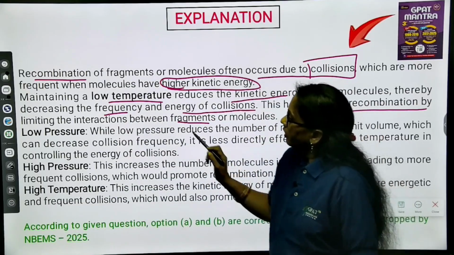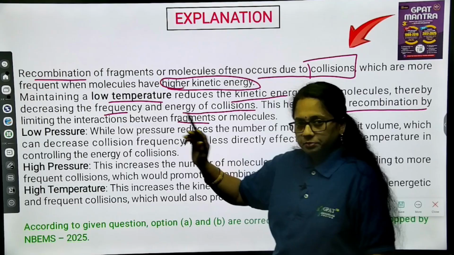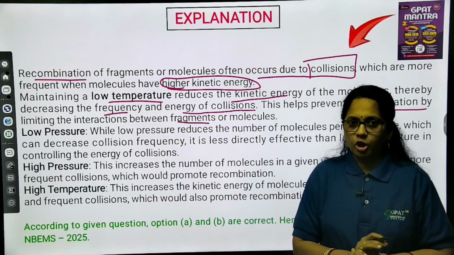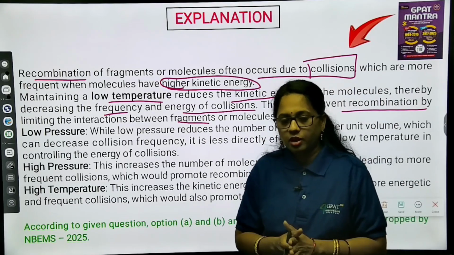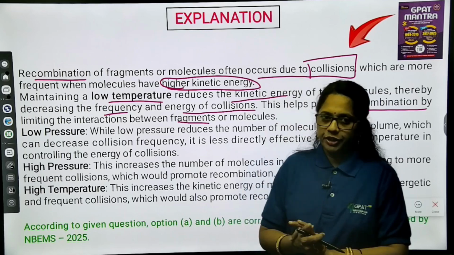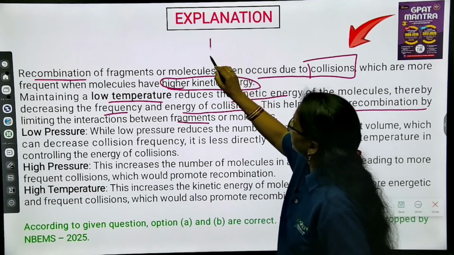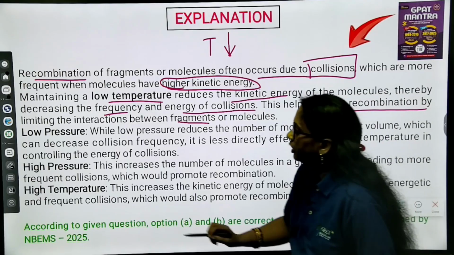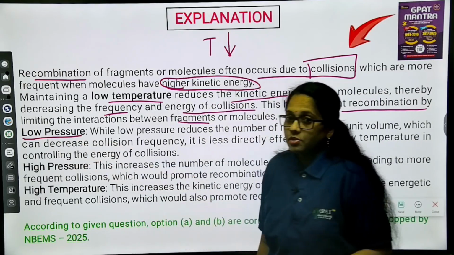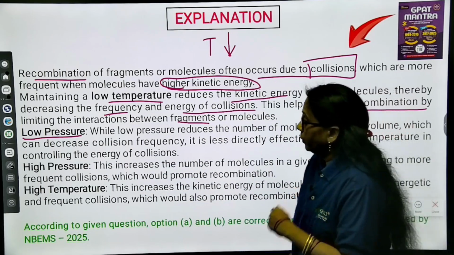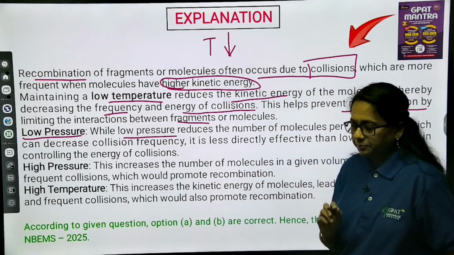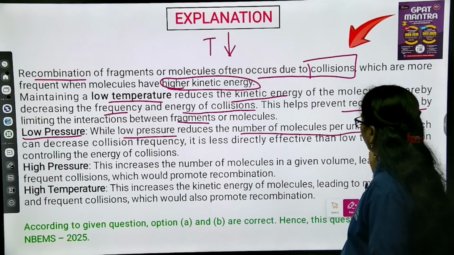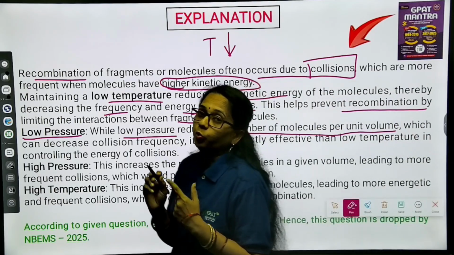That means if you decrease the temperature, automatically the collisions get reduced and the recombinations can be avoided. That is one option: temperature can be low. Another is low pressure. Low pressure reduces the number of molecules per unit volume.